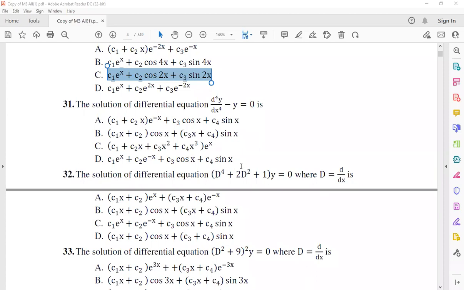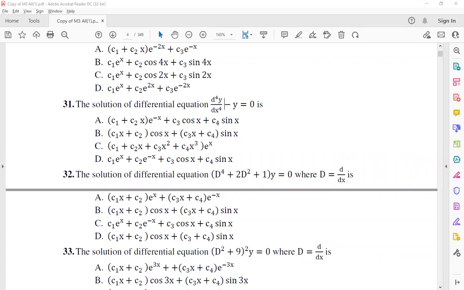Okay. Sure. Next, question 31. D raised to 4 minus 1. How to solve this? D square is equal to, yes, correct. D raised to 4 minus 1.